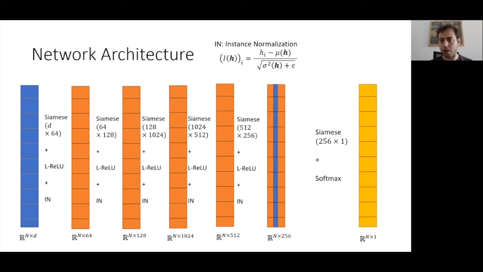But in order to share information between the different correspondences, they use a layer called instance normalization, which basically just normalizes the vectors of the features between all the points with a permutation invariant operation. They use the mean of this vector and the standard deviation of this vector, so the order is not important when you compute these functions.